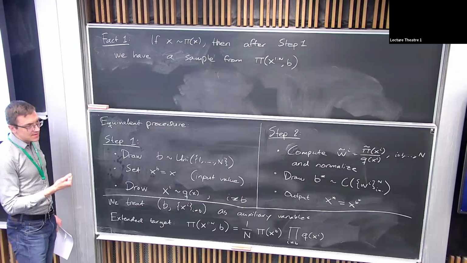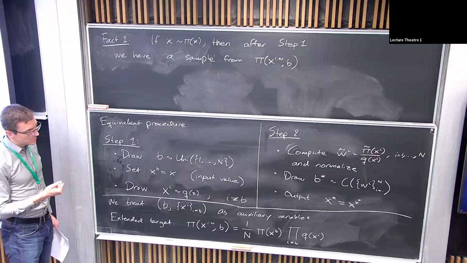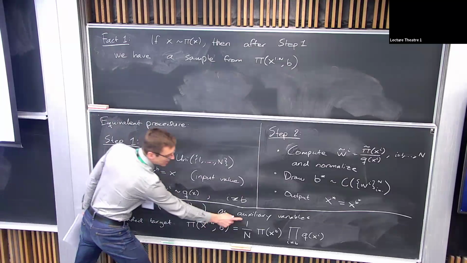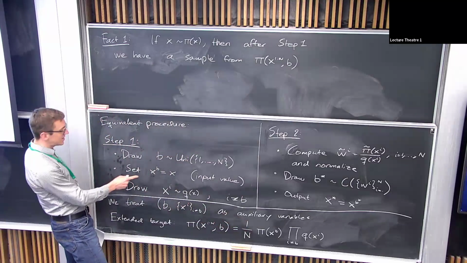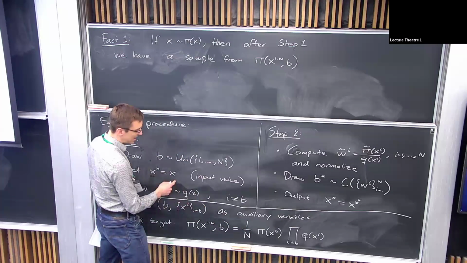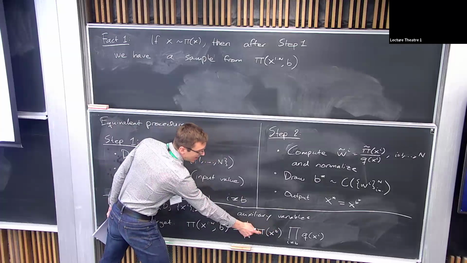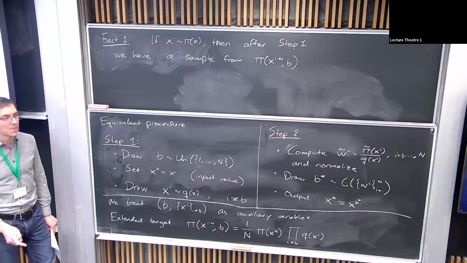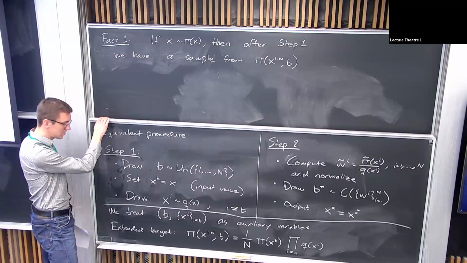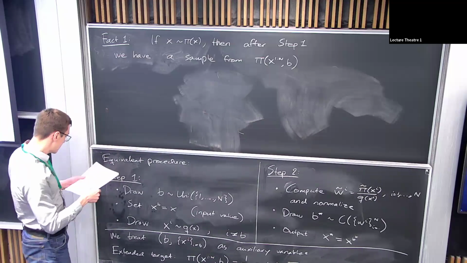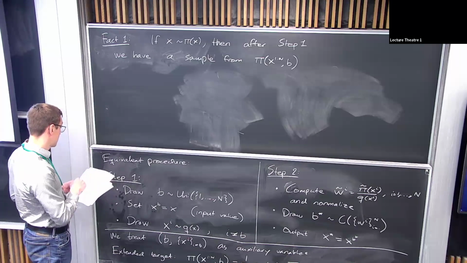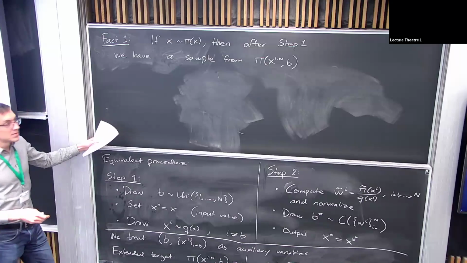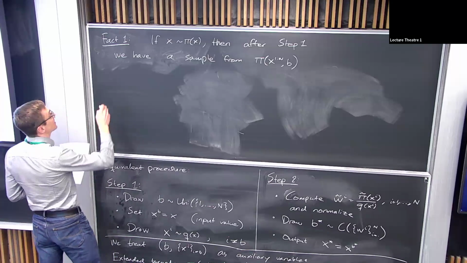Because I said that the input value is distributed according to pi. So if I sample b uniformly, then I get the sample corresponding to this term. Then I set x_b equal to the input. Well, the input that was distributed according to pi, and then I just fill in all the missing x values from q. So that's the first sort of fact that we use here.